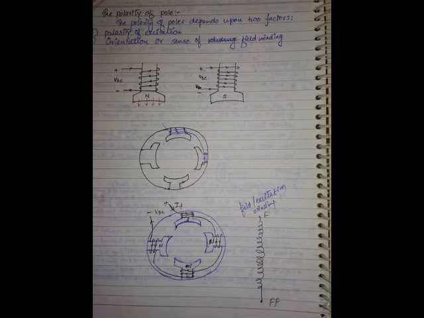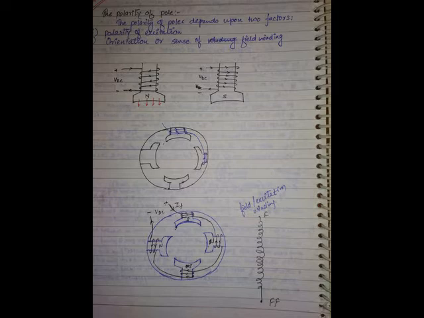But steel has high conductivity to eddy currents. Therefore, cores are laminated and alloyed with silicon.